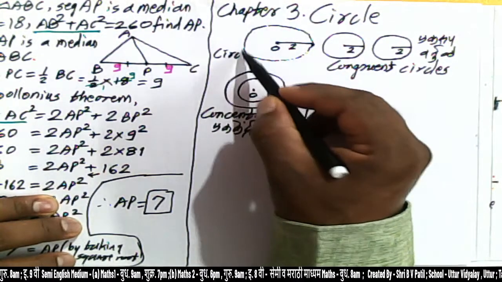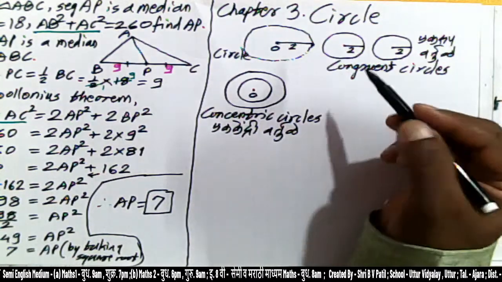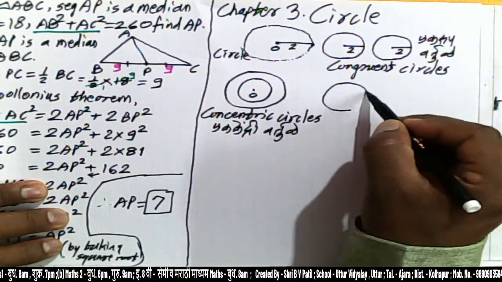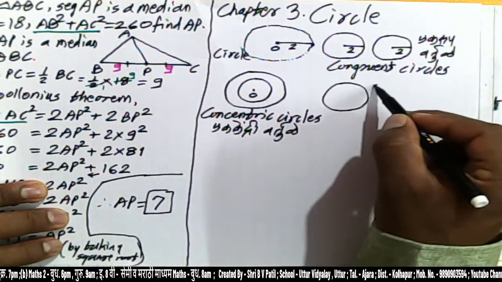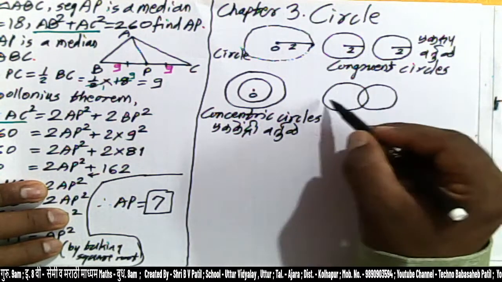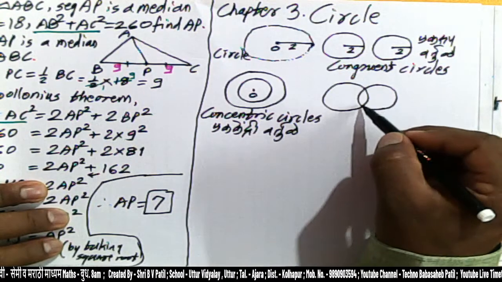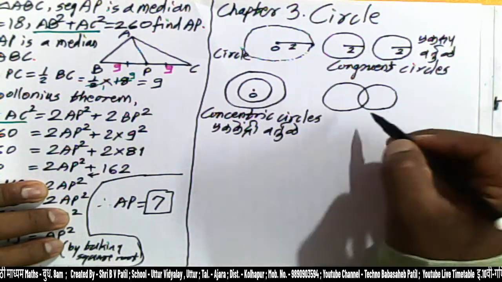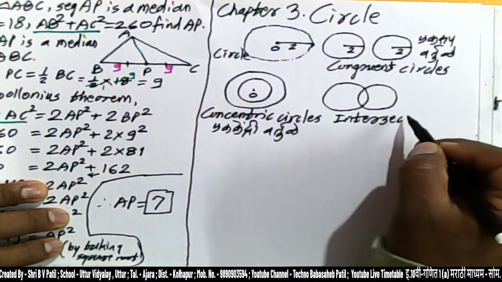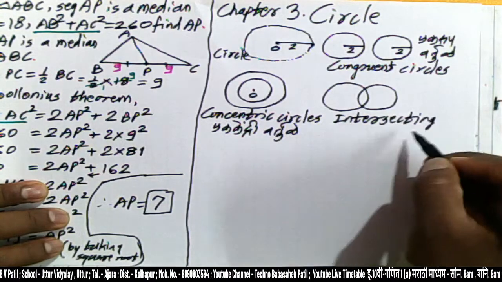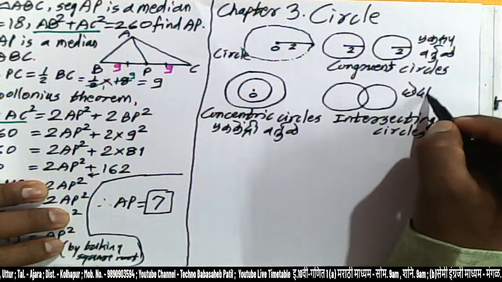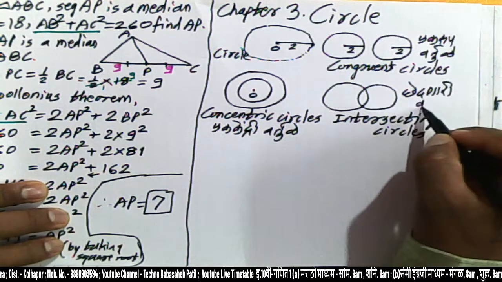This is a circle. And if here we draw a circle and another circle also here, and these circles intersect in two different points, then these circles are called intersecting circles.